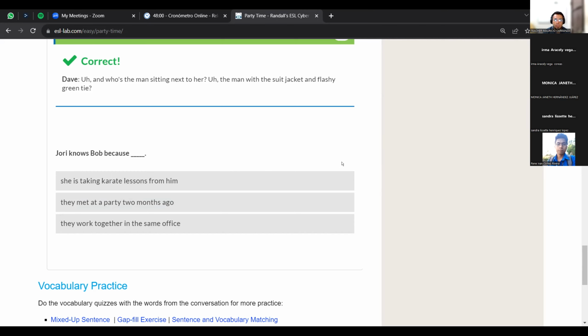And the last one, Jory knows Bob because they met at a party 2 months ago. Your last answer? At the party 2 months ago. For $1 million. Is that your last answer?